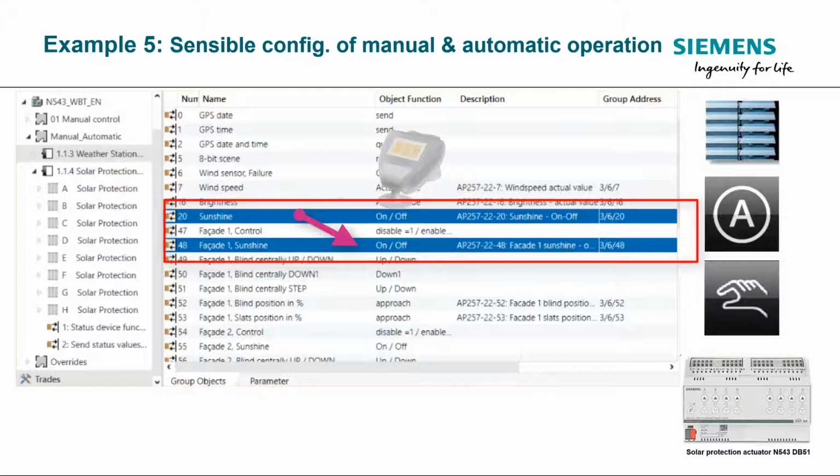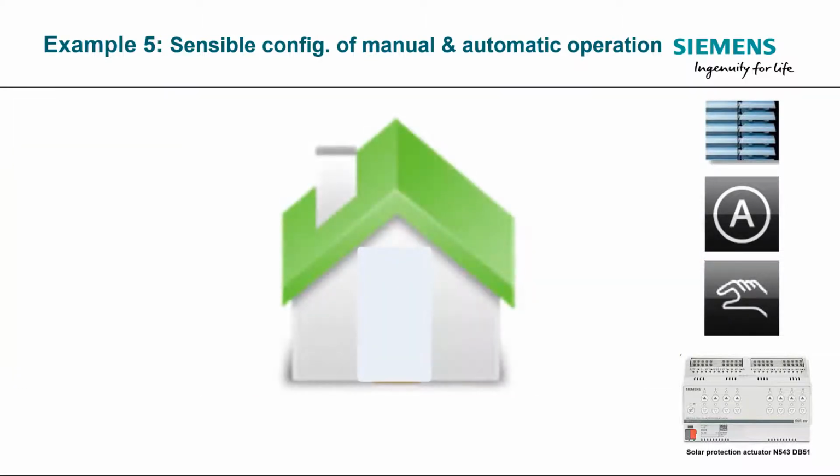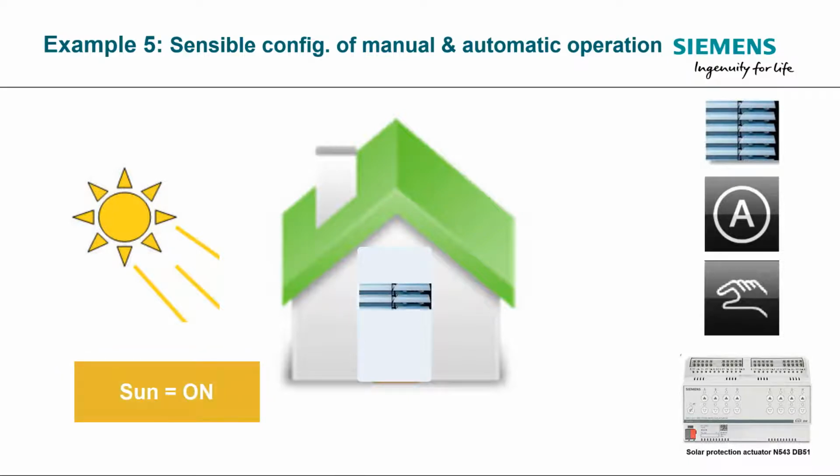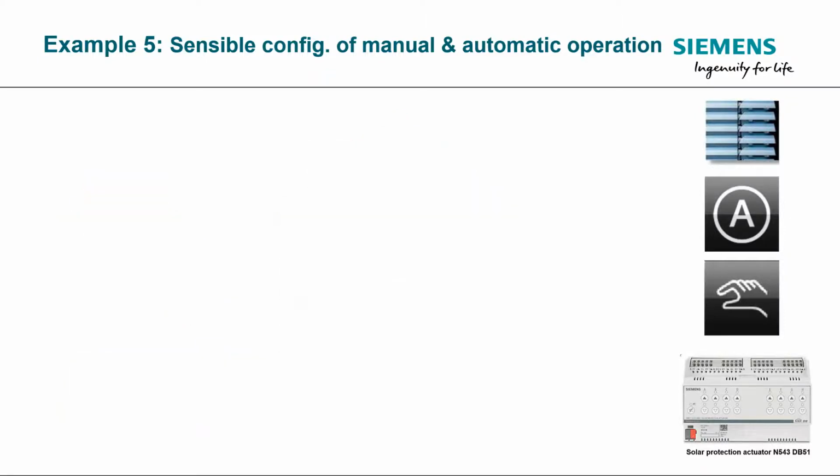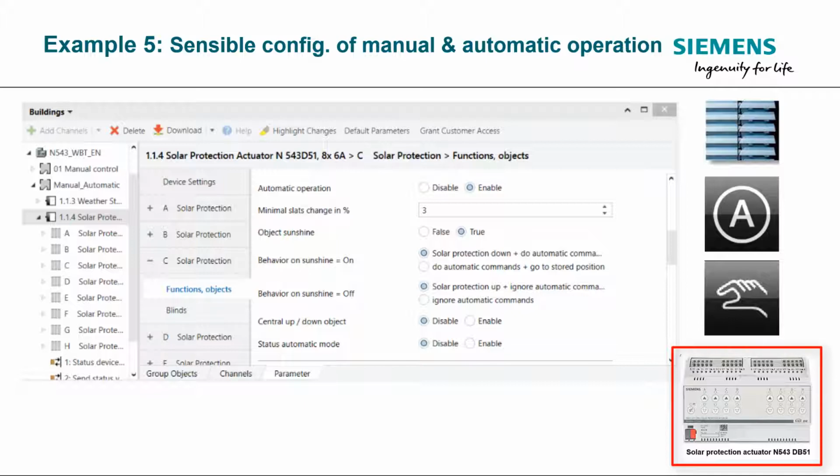Only if the sun shines on the respective facade, the object is set to 1 and the associated action takes place. And only in this case does the actuator react at all to the 8-bit automatic commands. The two options of the sunshine object must correspond exactly with the weather central settings.